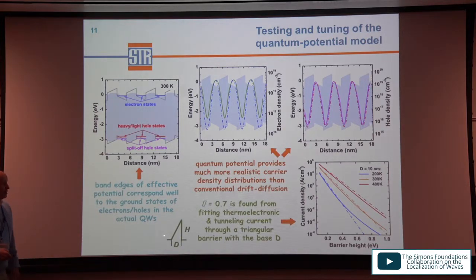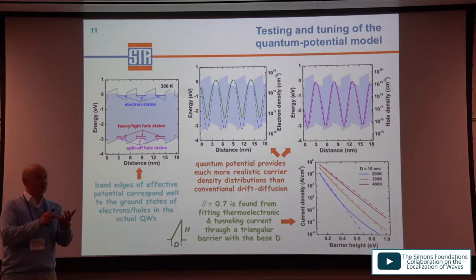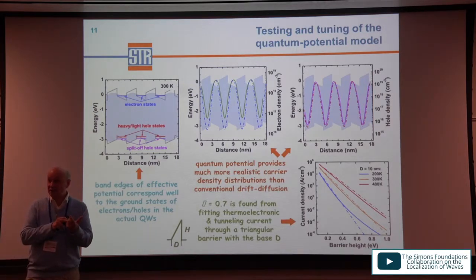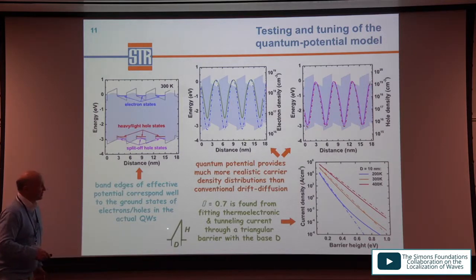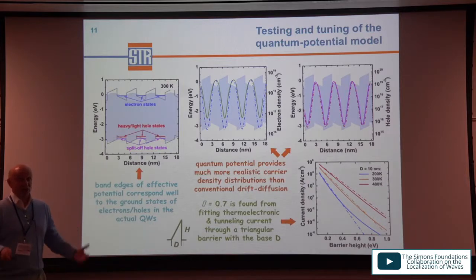We have calculated the current in the case of a triangular barrier with the base D and height H. And we have calculated the thermionic current accounting for the carriers that overcome the barrier, and tunneling current and total current.